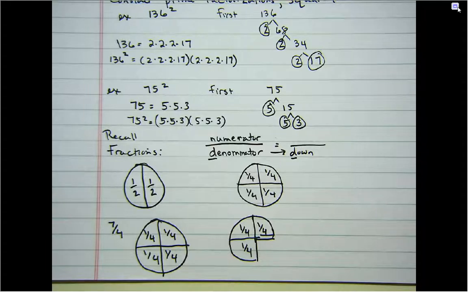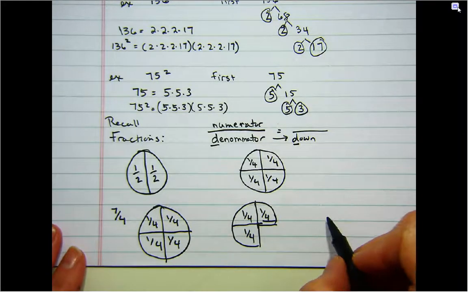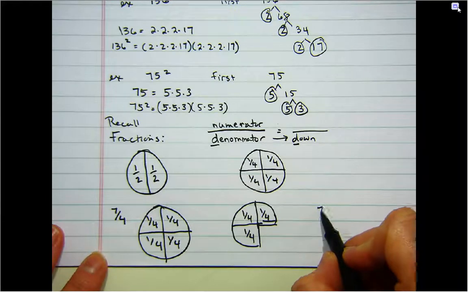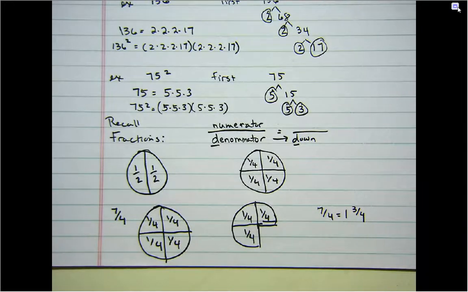So we have 4 1/4 pieces and then another 3 1/4 pieces. So each of the fourths are 1/4 of a whole, and then there's 7 of them all together. So the numerator, or the top, tells how many of these pieces there are. Of course, you could write 7/4 as 1 and 3/4, because you have one whole and then 3 1/4 size pieces.